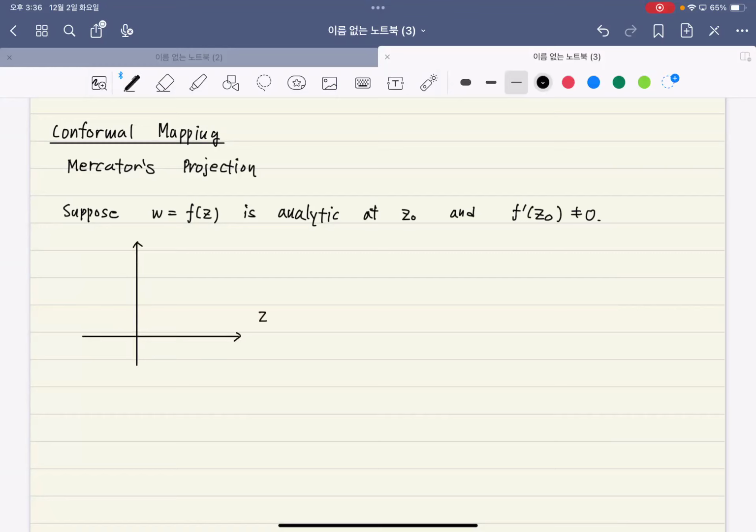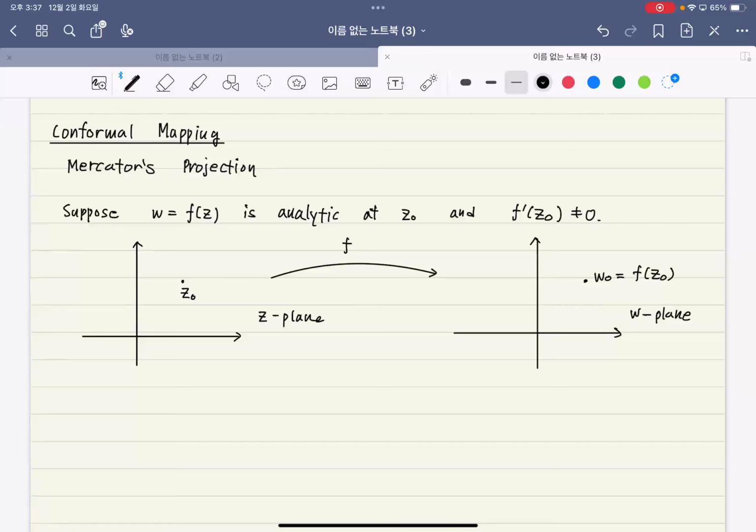This is my z plane, and this is the w plane, and my function f is a map from z to w. So I have a map from here to there, and this point is w0, which is the image of the point z0, f of z0.